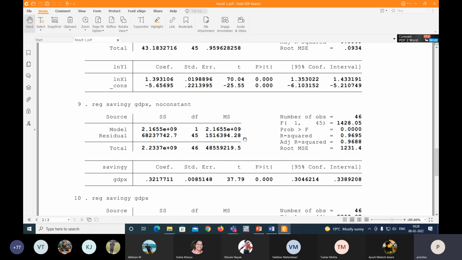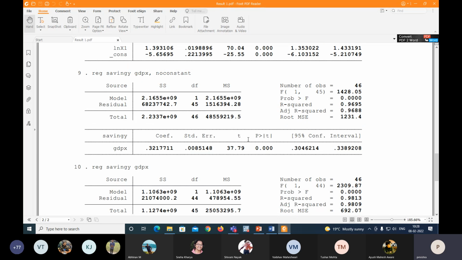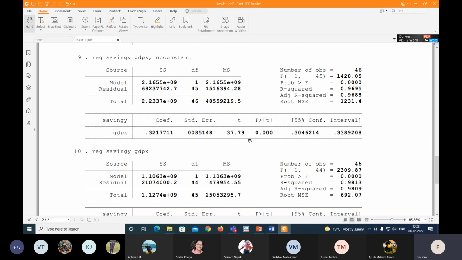Here, of course, we are assuming that the two random disturbance terms, U and V, have the same distribution. And the last part of this result sheet is basically about dropping the intercept and including the intercept, and how the two result sets differ.